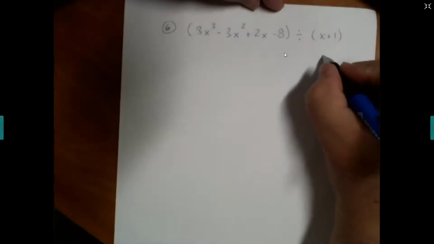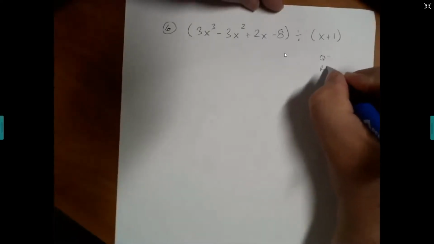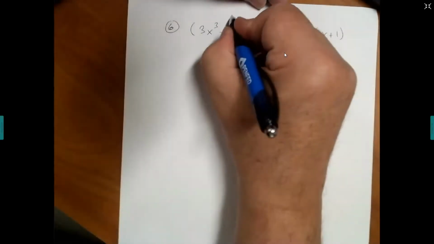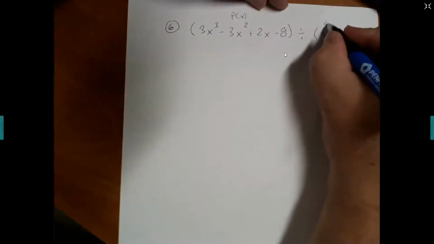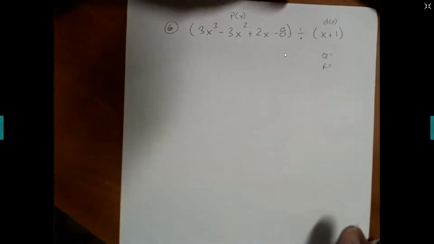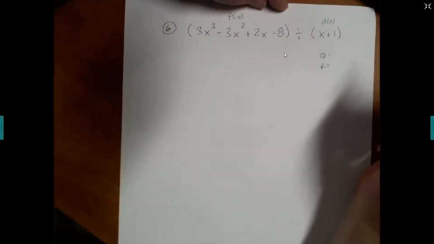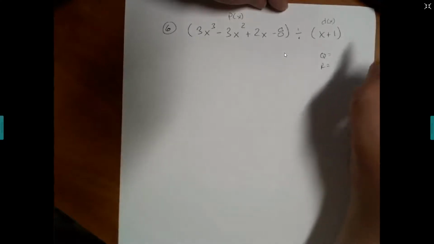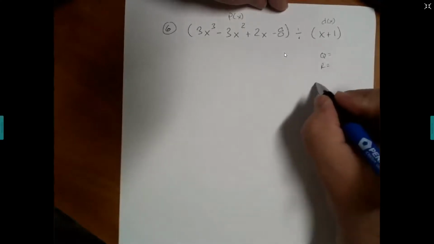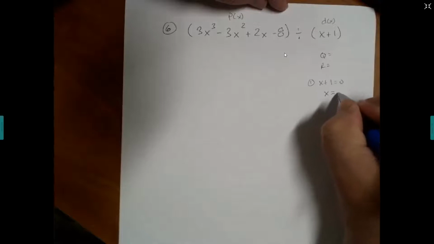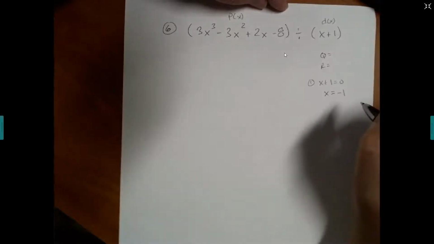It's asking you to find Q and find R. Remember, this is P of X and this is little d of X. First step, take your little d of X, set it equal to 0, solve for x.